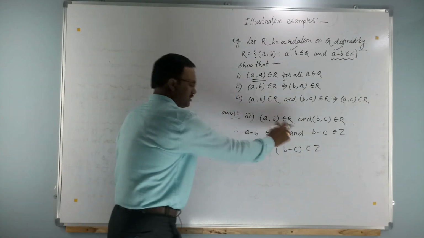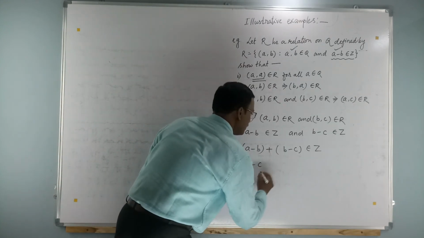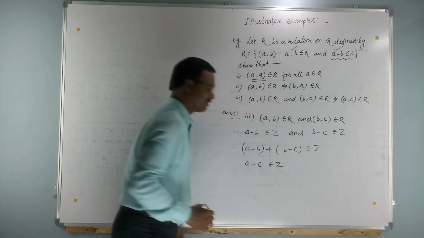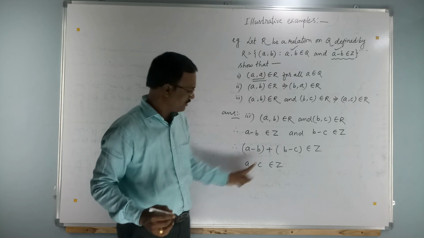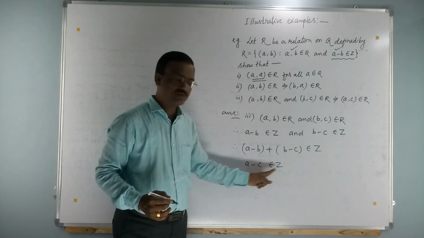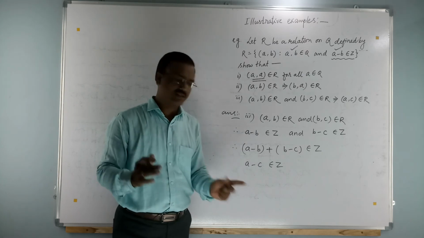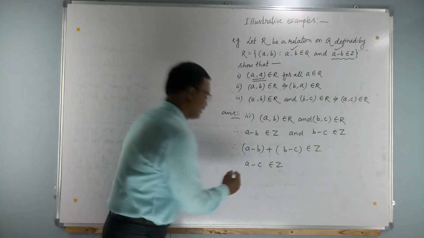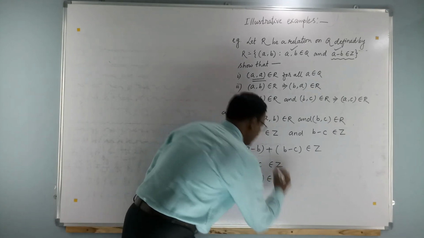I have added these two, and cancelling B and minus B we get A minus C, so this is also an integer. So A minus C is an integer. Now according to that definition, first number minus second number belongs to Z means the pair first number comma second number belongs to the relation. So therefore we get A comma C belongs to the relation.